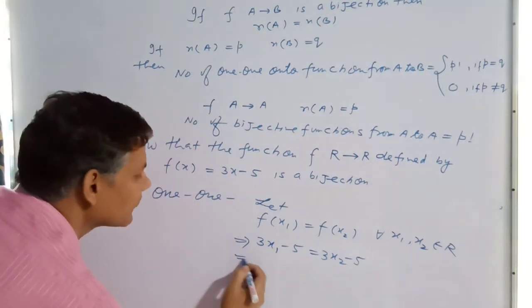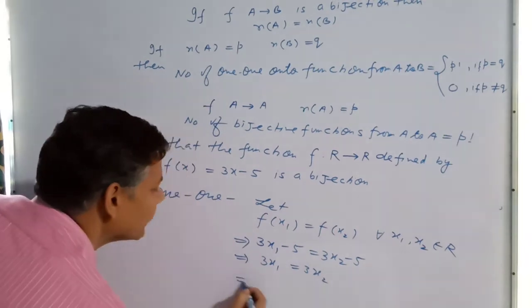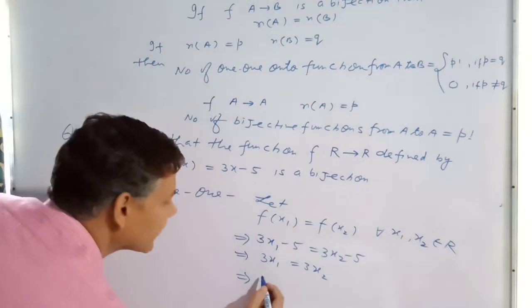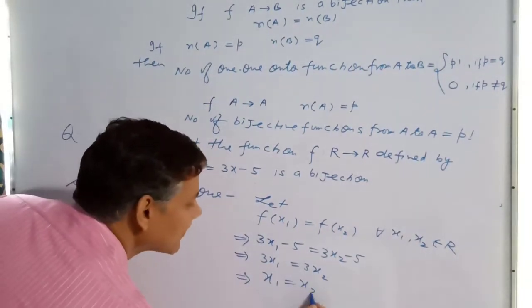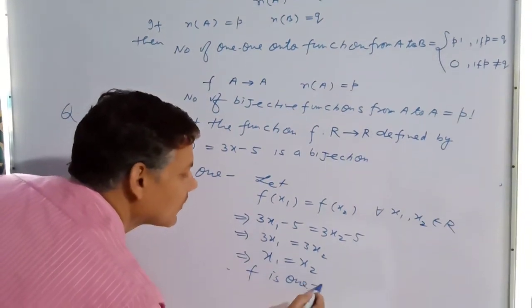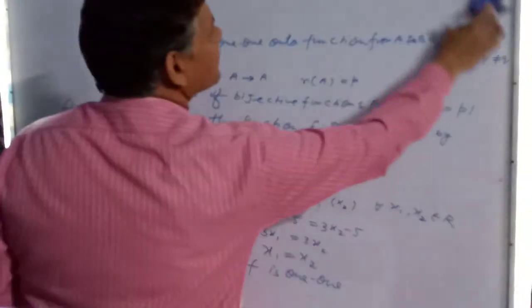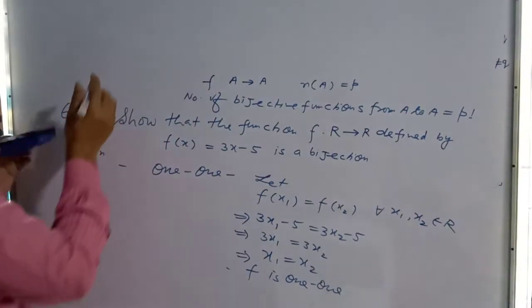Adding 5 to both sides, we get 3x1 = 3x2, and when we divide by 3, we get x1 equal to x2. Therefore we can say f is one-one. Now next one is onto.